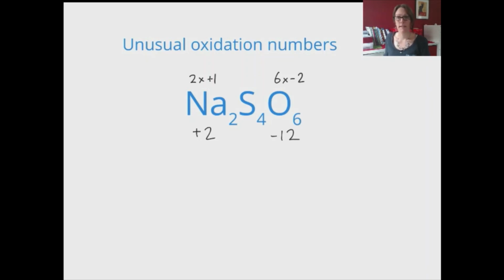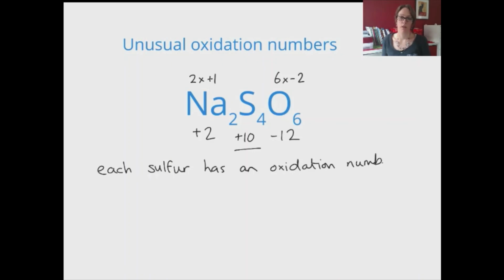Oxygen, in this case, is not bonded to fluorine or itself, so we're going to keep it at -2, so it contributes -12, which means my 4 sulfurs must add up to a total oxidation number of +10. So how can that happen? Because what that means, of course, is that the average oxidation number per sulfur atom would be 2.5.